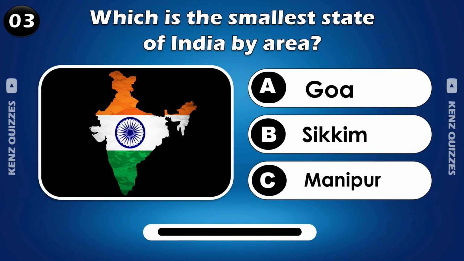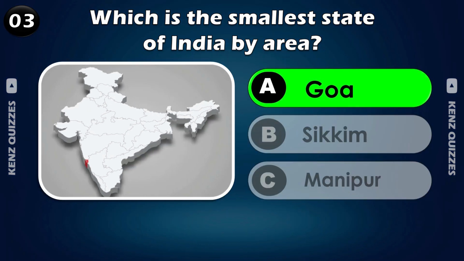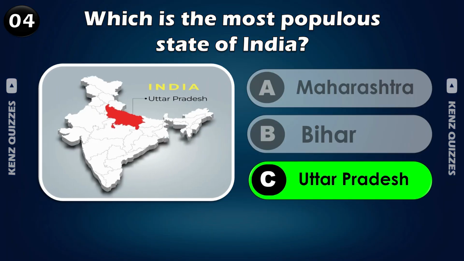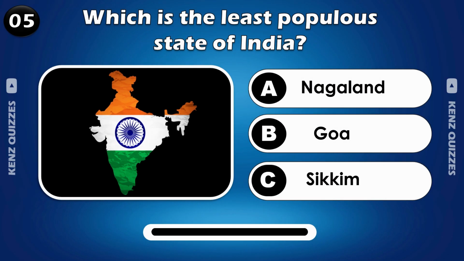Which is the smallest state of India by area? Goa. Which is the most populous state of India? Uttar Pradesh. Which is the least populous state of India? Sikkim.